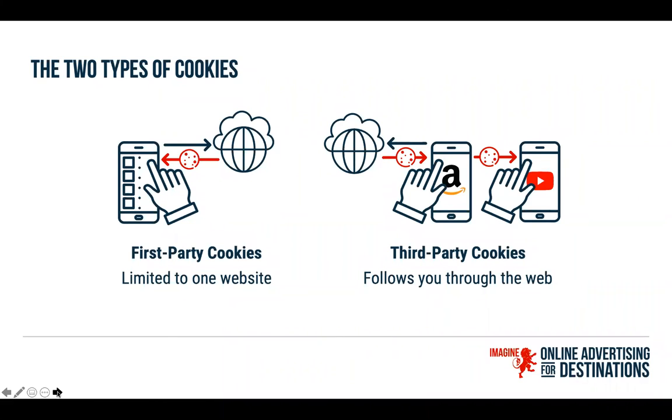Third party cookies are a little more complicated. That's where you get a lot of this crossover, where you watch a video on YouTube and all of a sudden you're being sold the same stuff you watched when you go onto Amazon. So they follow you as you travel through the web. Now, third-party cookies are the most valuable to advertisers historically because they follow the visitor's actions farther, but they're also the ones most under fire now, and they're in the process of being phased out.